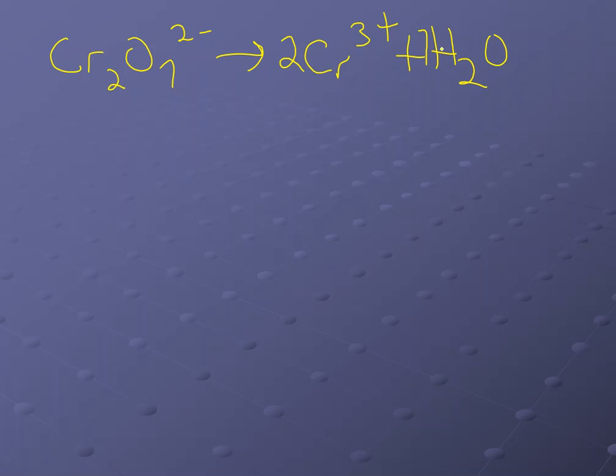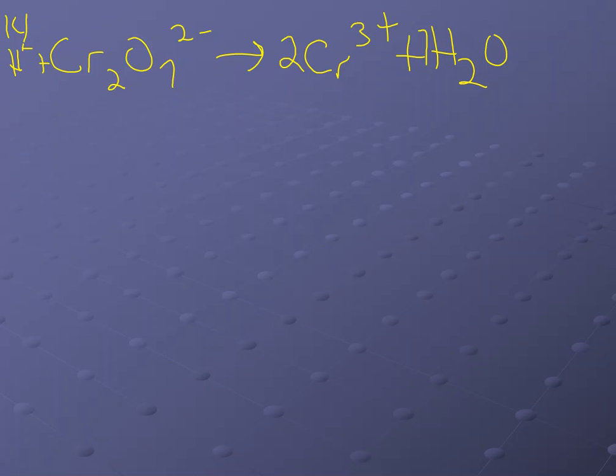So I'm going to add in hydrogen ions as the species to balance these additional hydrogens I placed here. I've got 7 water molecules, 2 hydrogens in each one, so that's actually 14 hydrogen ions I'm going to add in there.